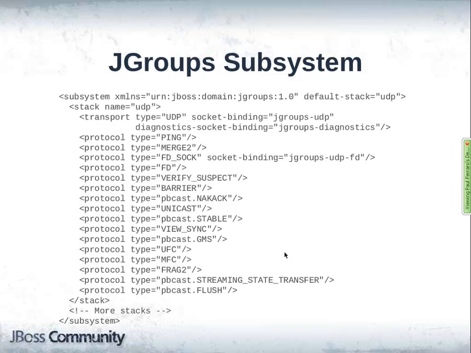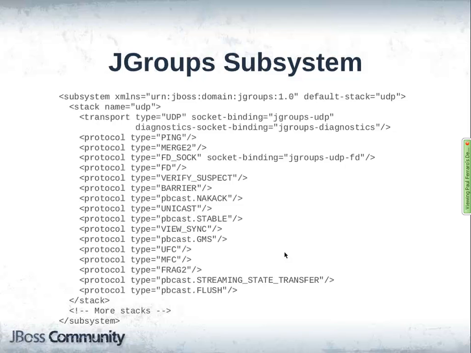In AS7, things are much more generic. So if Bela wants to add a new protocol in the next version of JGroups and you want to utilize it, there aren't actually any schema conflicts. So the JGroups subsystem schema can actually handle both new protocols and new properties as they appear.